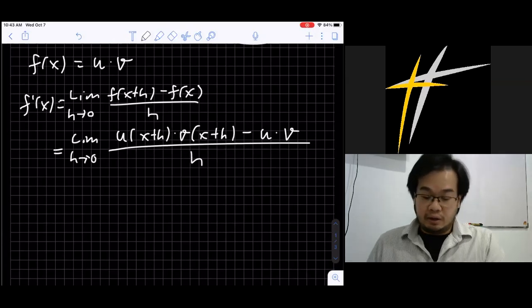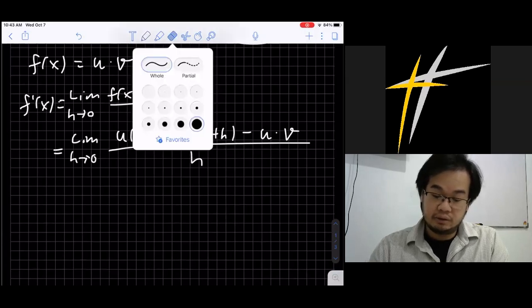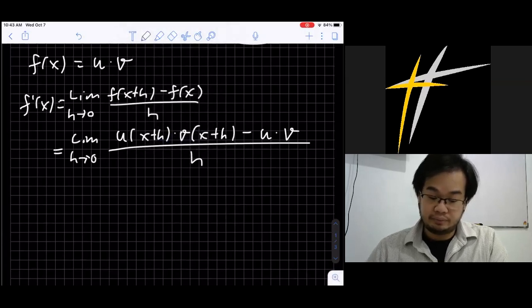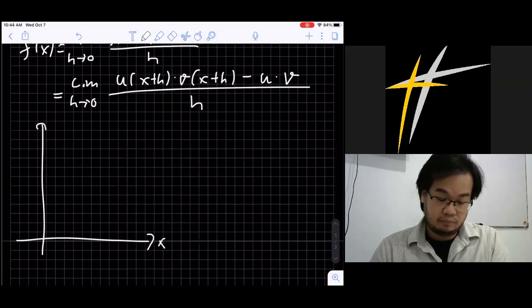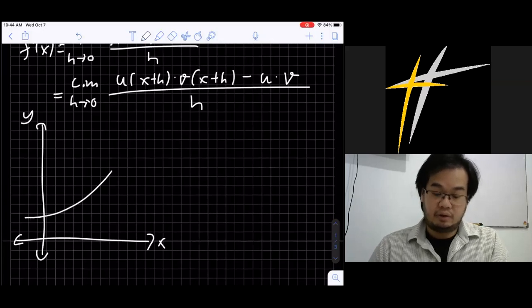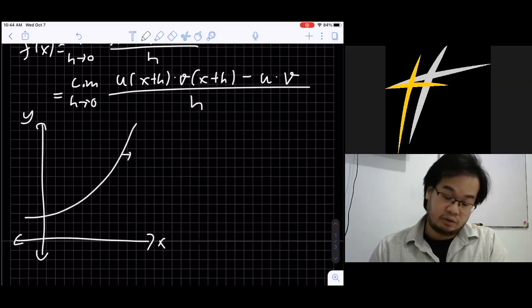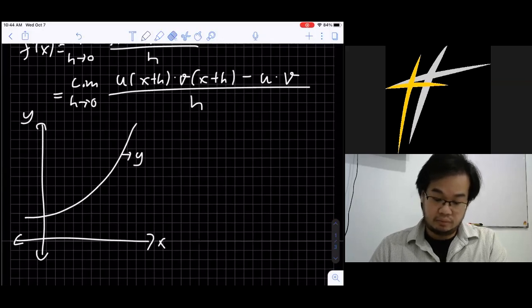Now let's stop for a while and look at this graph. I have a random graph. Let's say that this is y, or let's just use u.